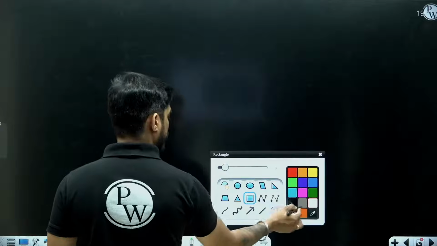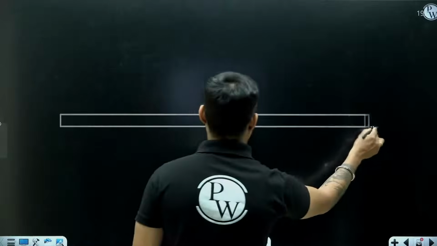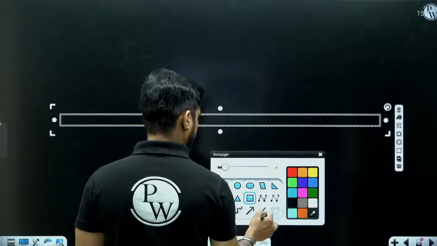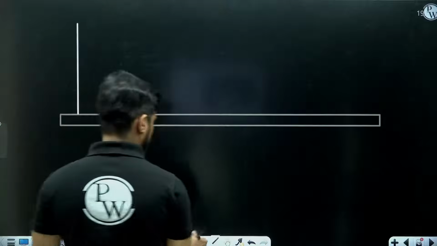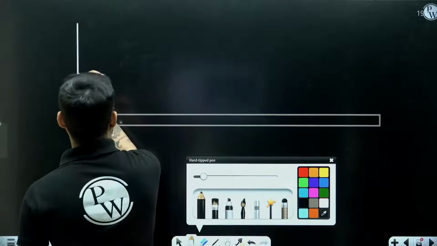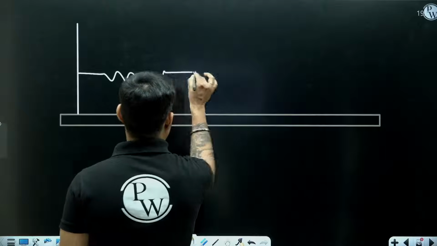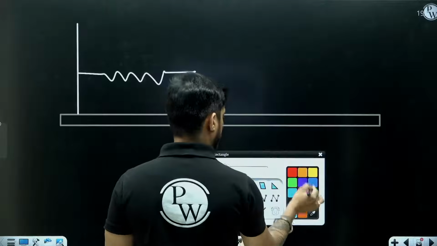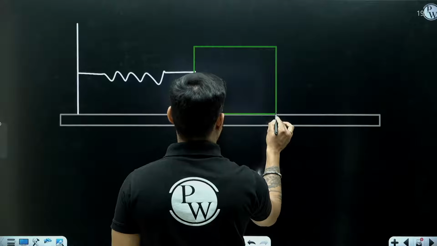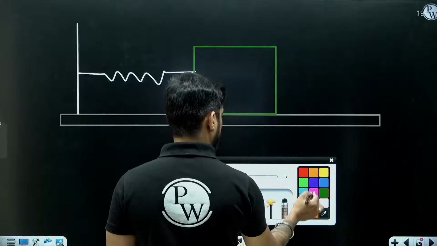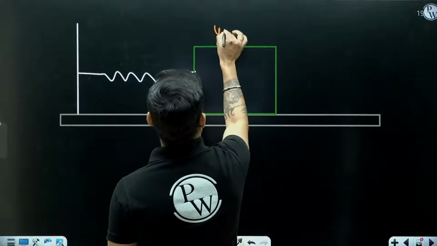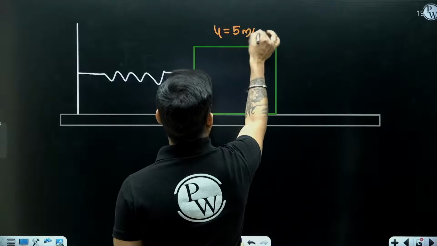Let's say this is your surface, okay, and let's say this is the spring connected to the box. Now this is the initial state. Initially the velocity of the block is 5 meters per second.